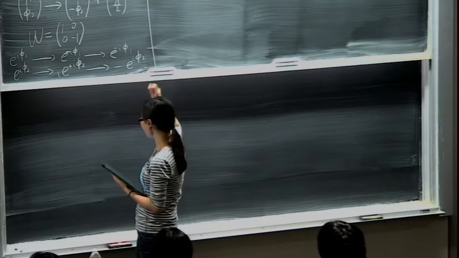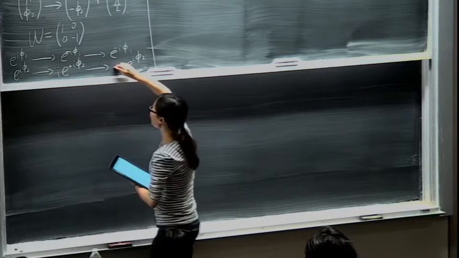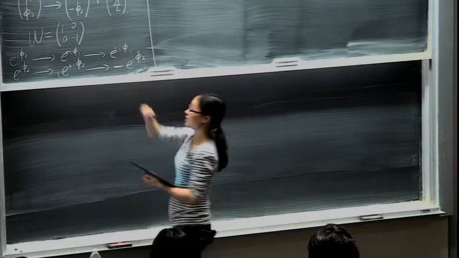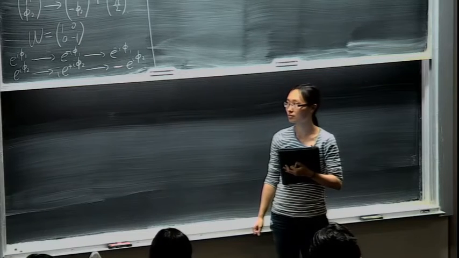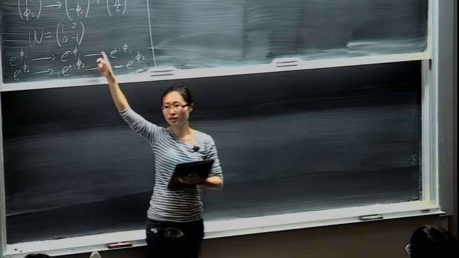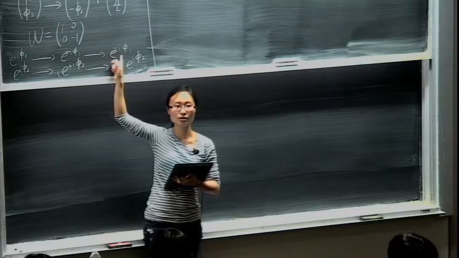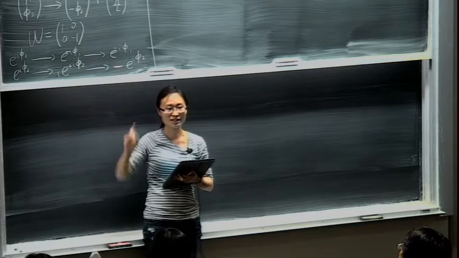And the important point is that there's a minus sign here. So this is saying that time reversal twice on the E particle doesn't do anything. Time reversal twice on the M particle gives you a minus sign.